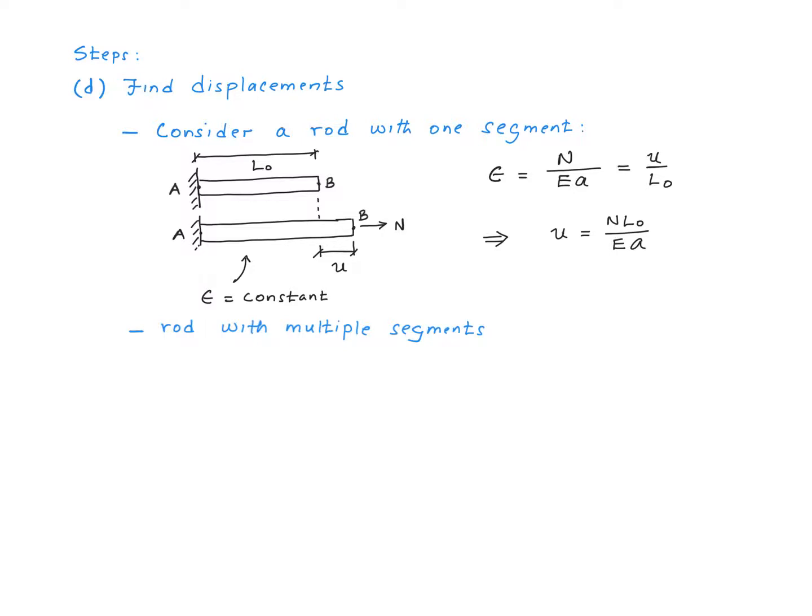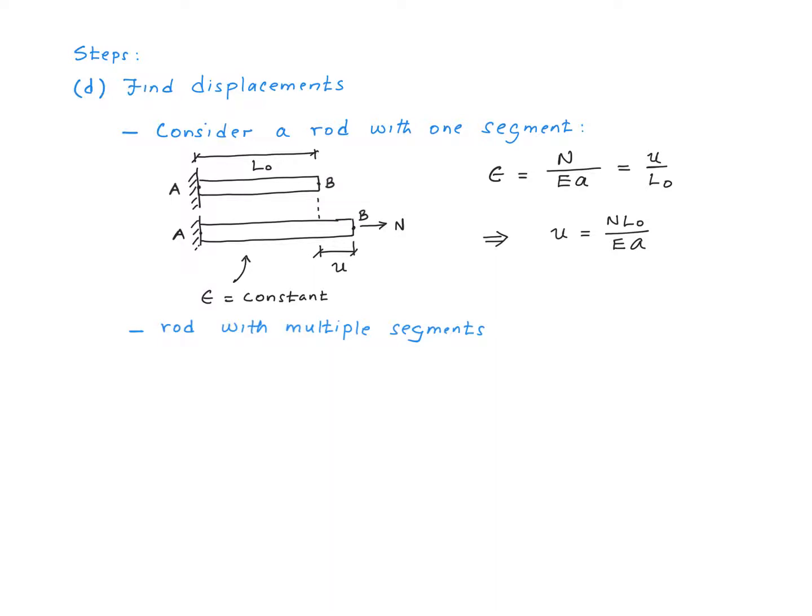But supposing point A also moves to the right by a certain displacement, what is going to be the movement of point B? Well, it's going to be this displacement little u plus whatever the movement of point A is, right? What if point A moves to the left? Well, then the displacement of point B to the right is going to be little u minus the displacement by which point A moves to the left, right?